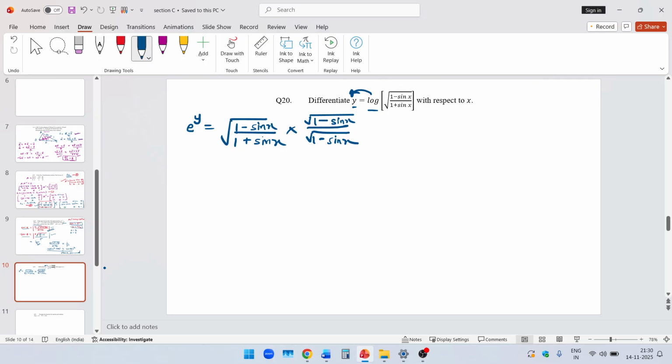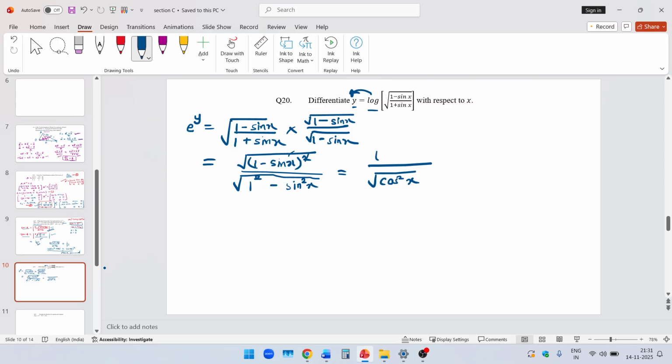So if you watch closely, the denominator gets converted into 1 square minus sin square x the whole root, and the numerator gets converted into 1 minus sin x the whole square. 1 square minus sine square x is cos square x. So the denominator you have square root of cos square x, and at the numerator you have 1 minus sine x the whole square, the whole root.